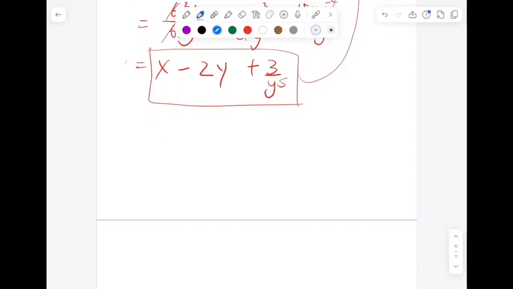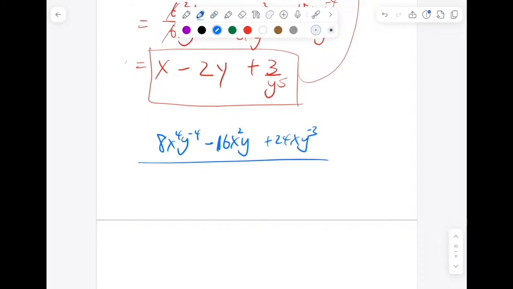So that just says 8x to the 4th y to the negative 4 minus 16xy to the 2 plus 24x to the y to the negative 3, over 2x squared y to the negative 2. So I can simplify this.